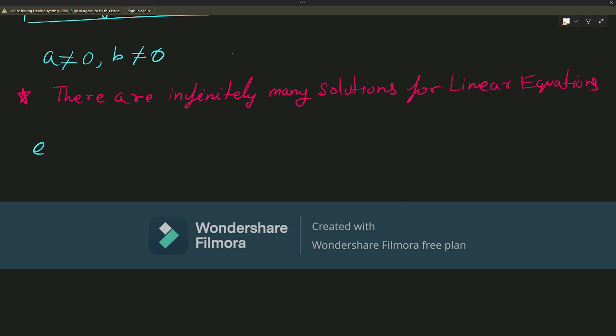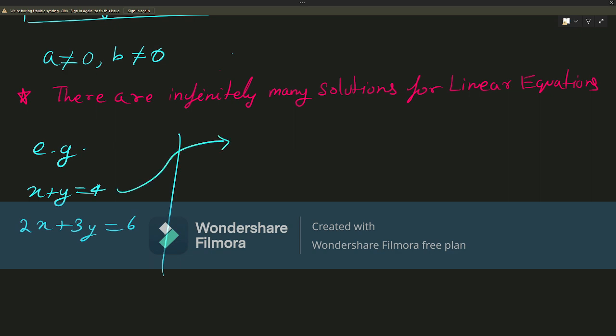Now for example, you have x plus y equal to 4 and 2x plus 3y equal to 6. All the questions will be in this form only. They will give you two equations and you need to solve them. For the first equation, the general form will be a1x plus b1y plus c1 equal to 0.